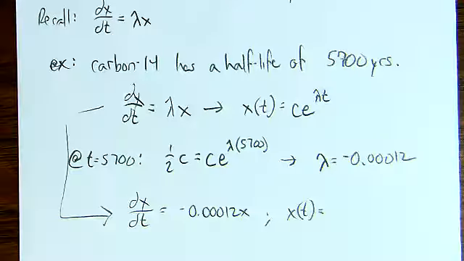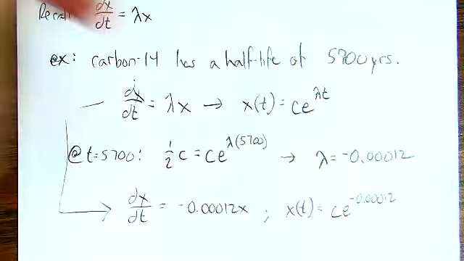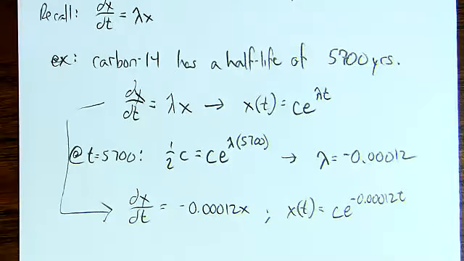And our solution is x of t, our one parameter family of solutions, is some constant e to the negative 0.00012 t. And this allows us to model how much carbon-14 is in the system or in the bone or whatever for any time t and given an initial amount.